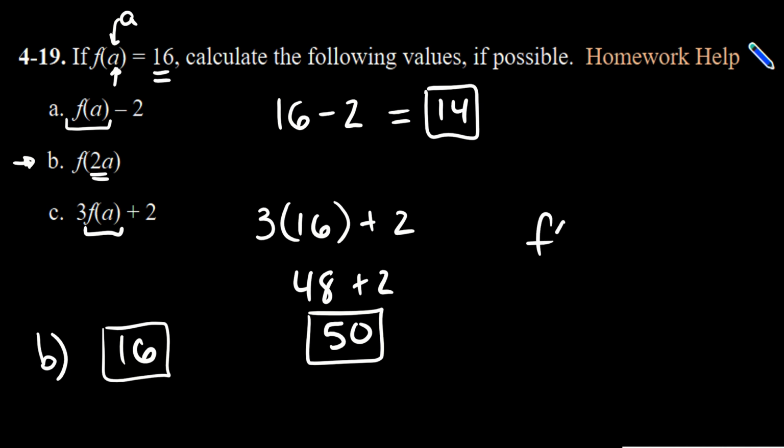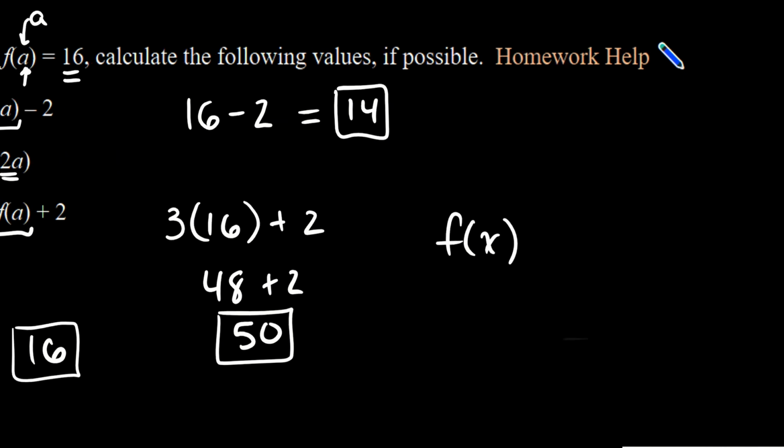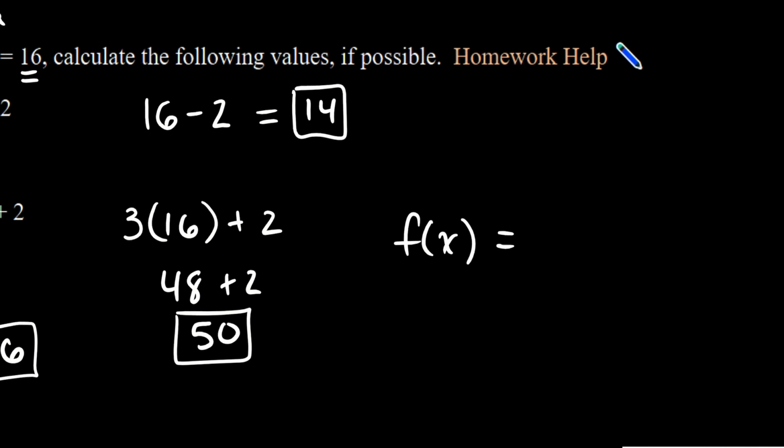So if I was to think about what a function would look like where 16 always comes out regardless of what you put in, it could look like this, right? It could be f of x equals 2x divided by 2x plus 15. No, that wouldn't work in the case that x was 0, that would be a division by 0 problem.